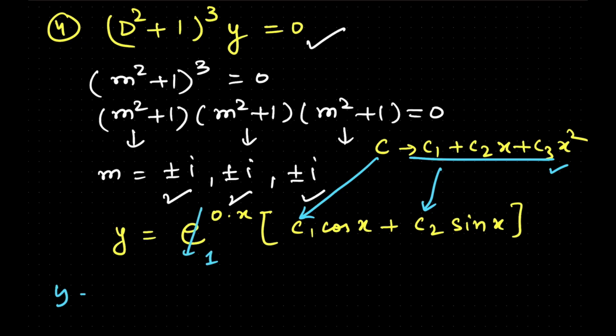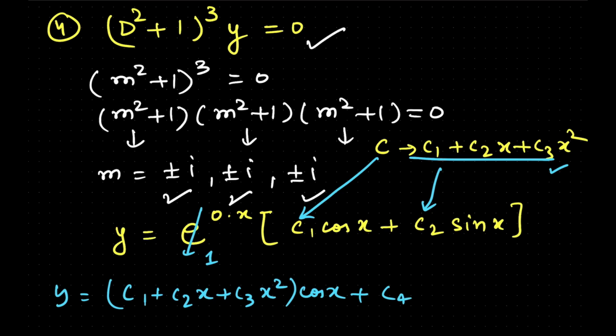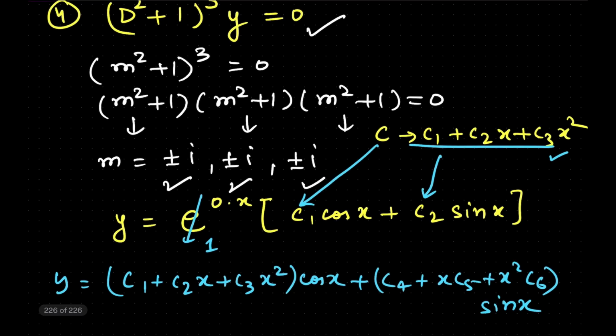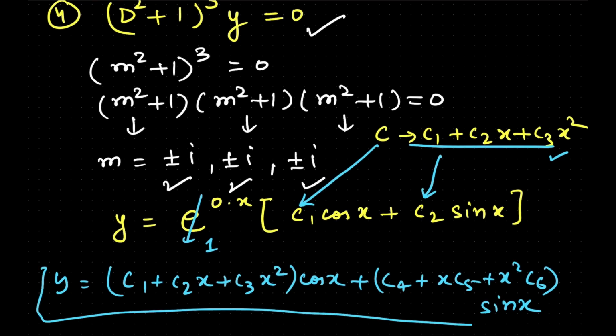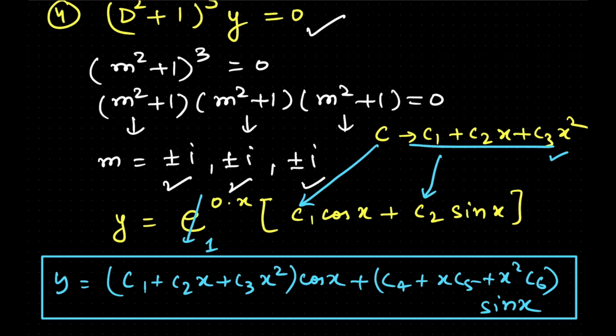So you can see y is equal to c1 plus c2 x plus c3 x square into cos x, plus here let's give other constants, c4 plus c5 x plus c6 x square into sin x. So this is our final solution.